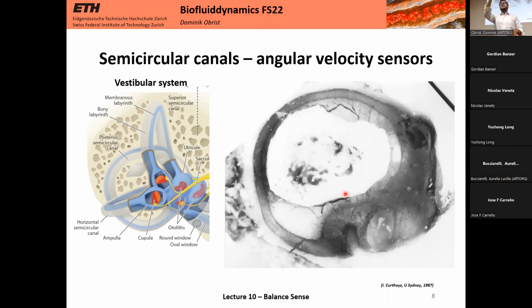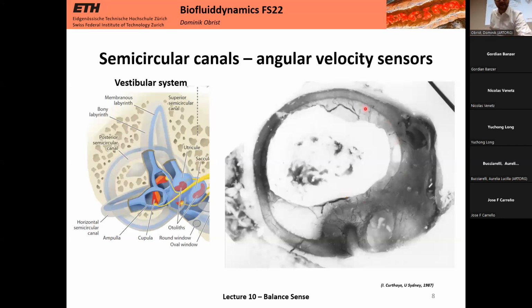So each one of these sensors is responsible for angular motion in its respective plane. So if we have three of them, we can sense rotation in all three dimensions. And since we have two of them, there's even some redundancy. But for most of what we're going to do, we're just going to look at one of them and assume that we have a rotation in that respective plane.